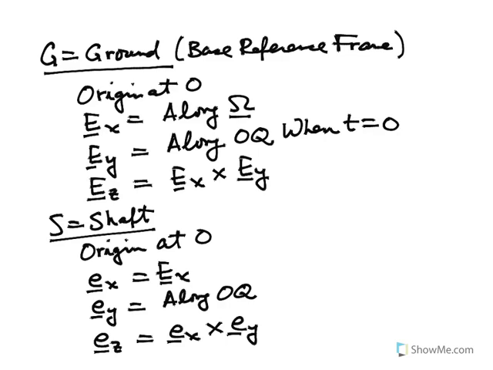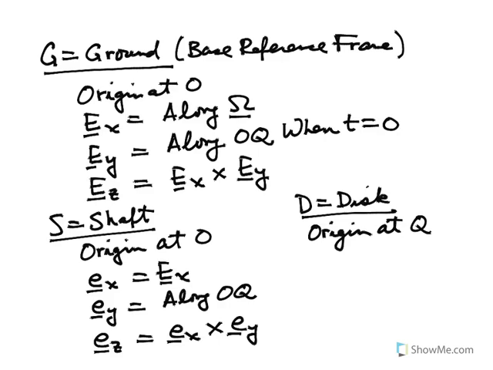And then the third reference frame, which I can put right on this page here, I'm going to call the disk. That's what I labeled it. And then I'm going to put the origin of this coordinate system that's fixed to the disk at point Q, because notice that Q is fixed to the disk. It also happens to be fixed to the shaft, but it's fixed to the disk.